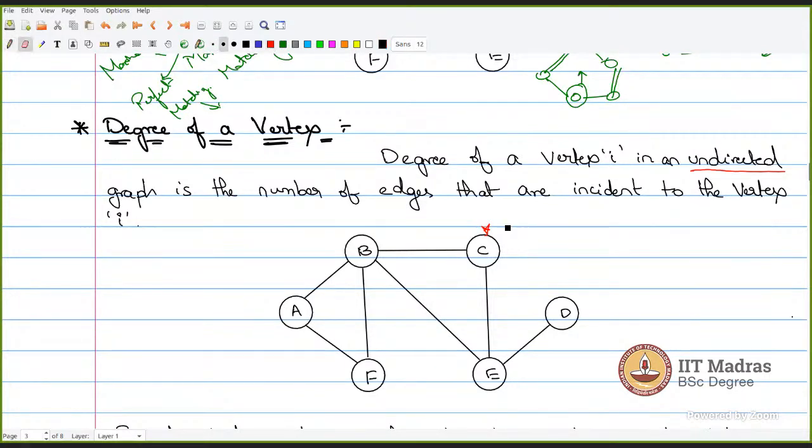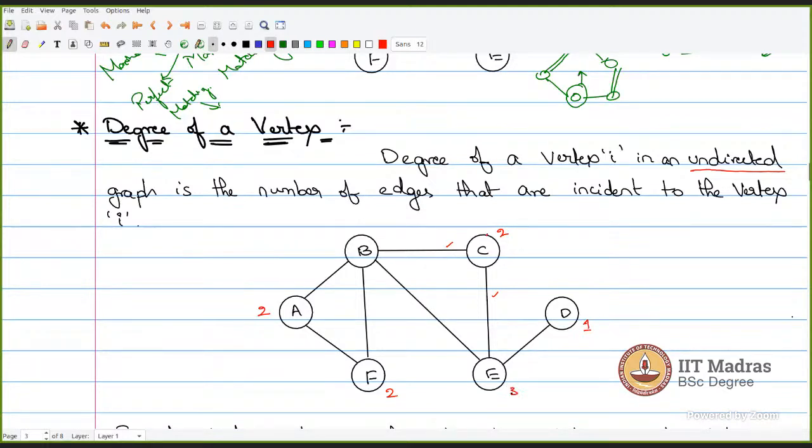Two. Correct. This edge and this edge. So the degree of vertex C is 2. Similarly, what is the degree of F? F also 2. A? A also 2. D? D only 1. E?